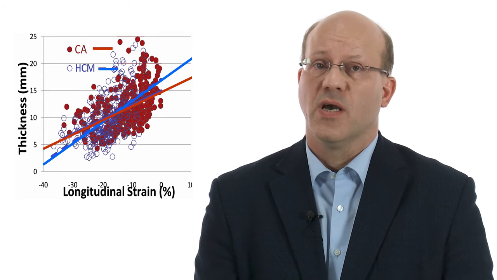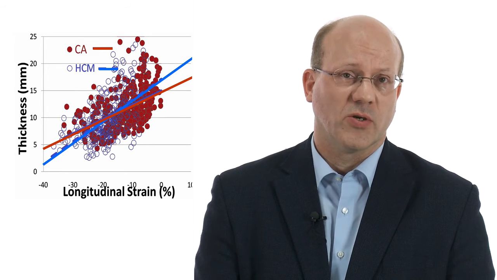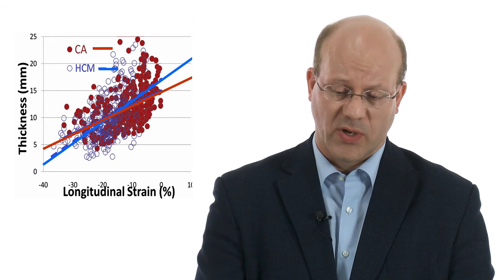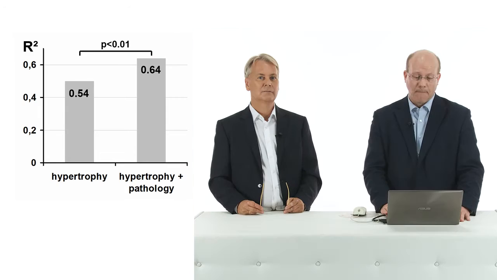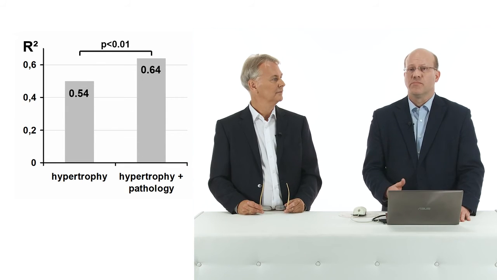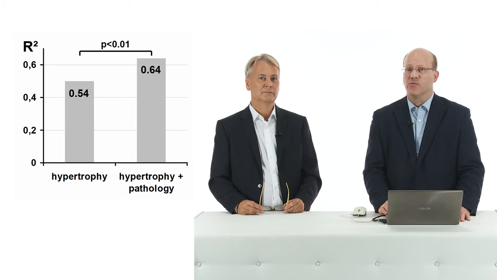So we actually have done a study and we looked into this relation between thickness of the walls and longitudinal shortening, and we found that there is indeed a relation. The relation is not perfect, but it's rather strong. It's in the range of 0.5, but there are also other things that influence longitudinal shortening.